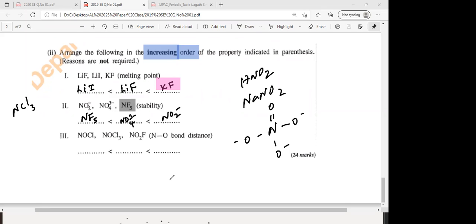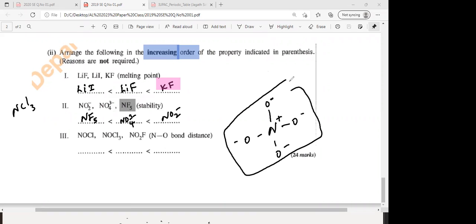There can be a plus charge also. You can have plus and minus like this. If you want, you can go for NO4 with charges like this, because nitrogen cannot have more than 8. So at least the octet is completed.